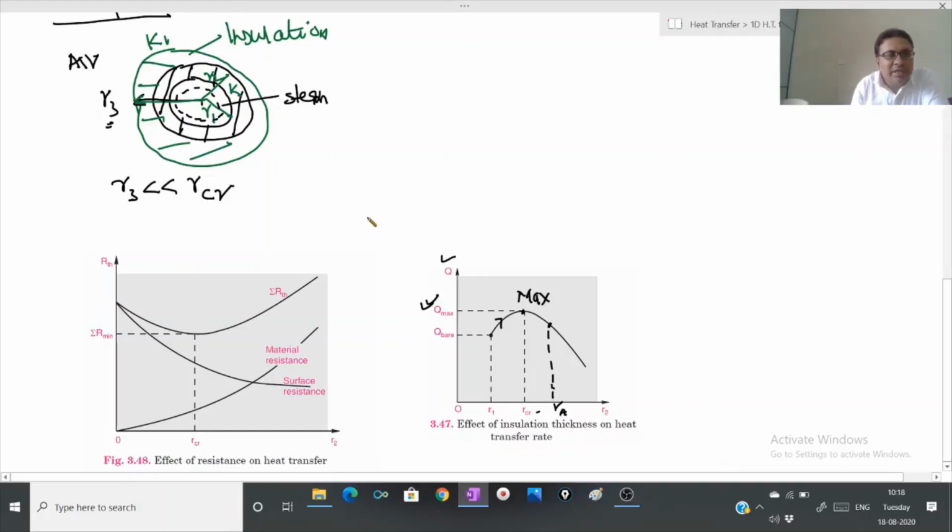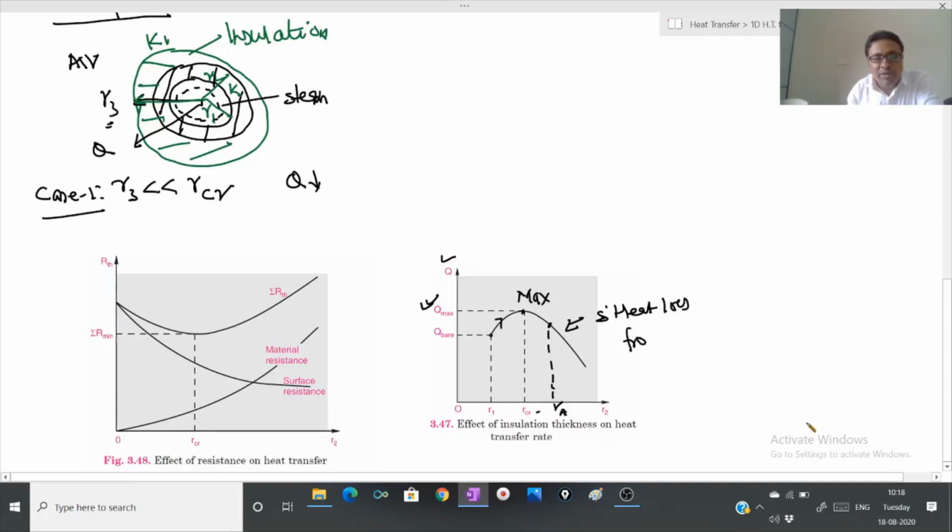Only then will the heat transfer rate decrease from steam to the air. So, preventing heat loss from the steam pipe is the example of the case where the radius of insulation must be more than the critical radius of insulation. So here I can quote heat loss from steam pipe.